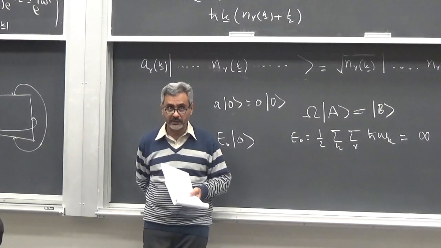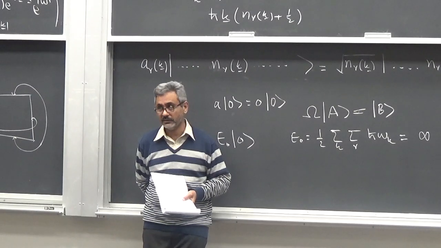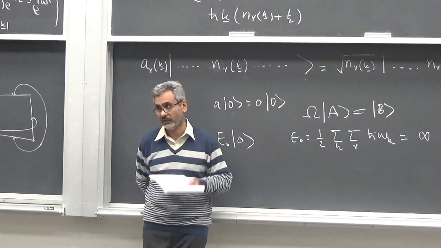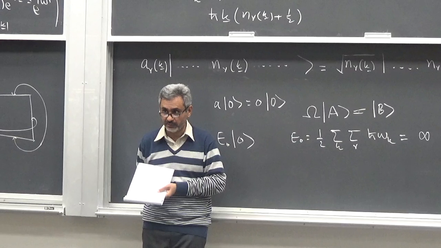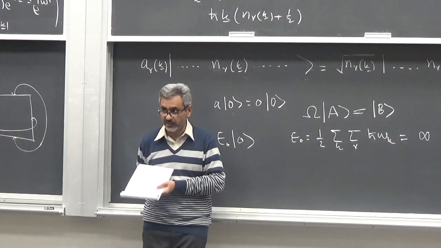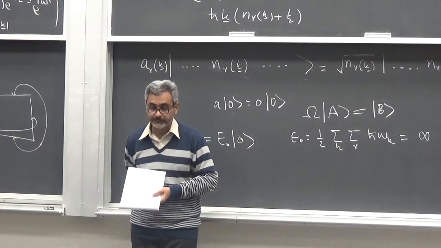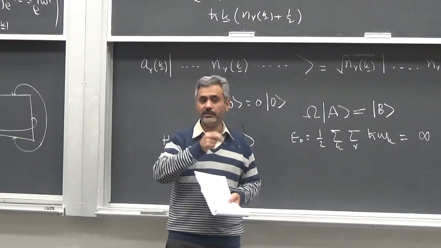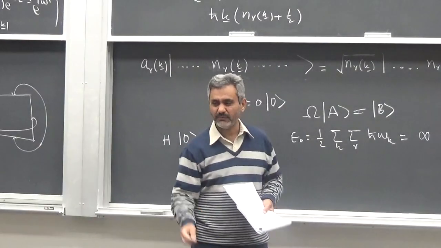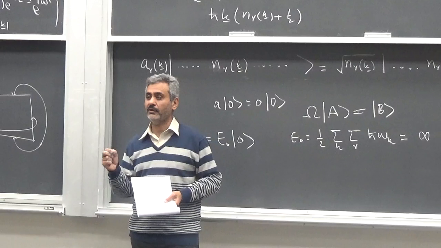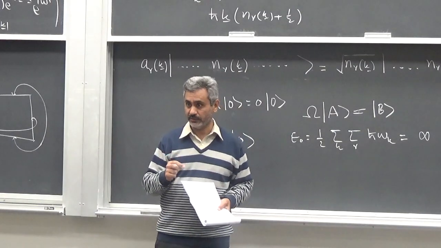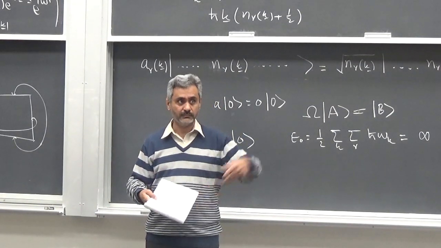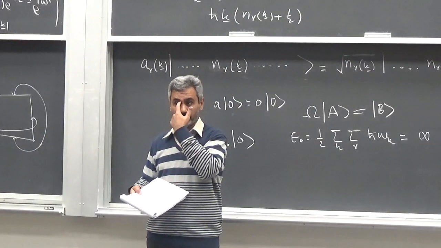And so that tells you that these kinds of infinities, and there are other kinds of infinities that will appear later, we'll talk about renormalization and stuff on that, tell you that this is a very effective treatment of the quantization of fields that you're doing. You need something much better.